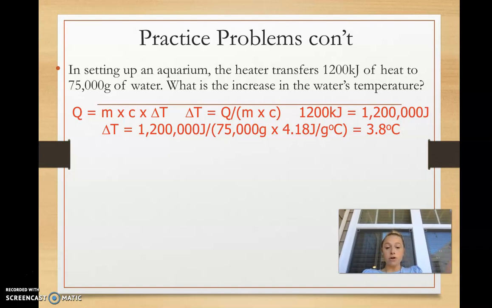So you're going to plug it into the formula, and you get delta T equals 1,200,000 joules divided by our mass times C, and that's 75,000 grams because it shows us that up in the problem, times 4.18 joules per gram Celsius, and your answer should be 3.8 Celsius.